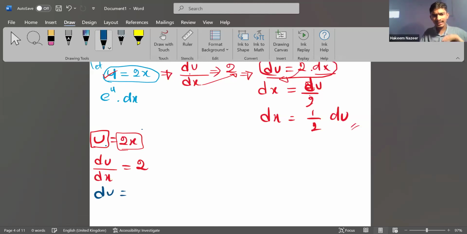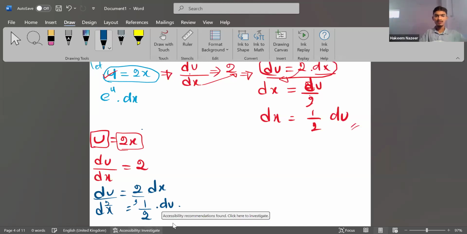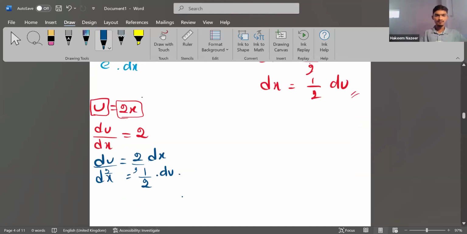We just make du the subject: du equals 2 into dx. What's the answer for dx? We just divide both sides by 2, the right side and the left side as well. Both sides divided by 2 give du over 2. Accept it? I hope you all understood. Done.